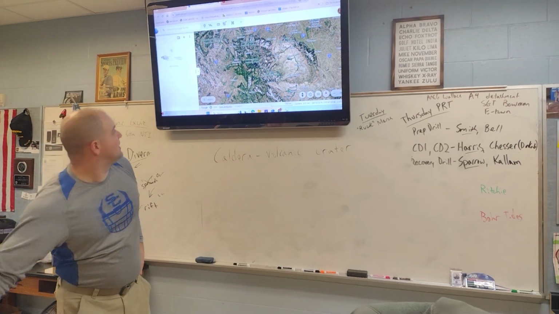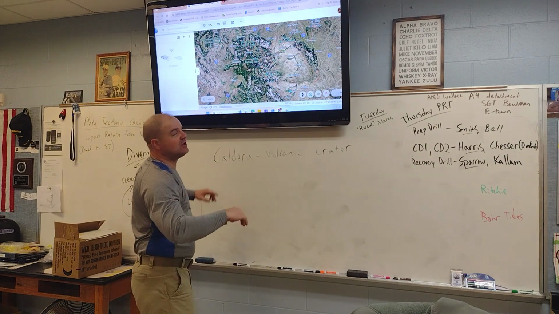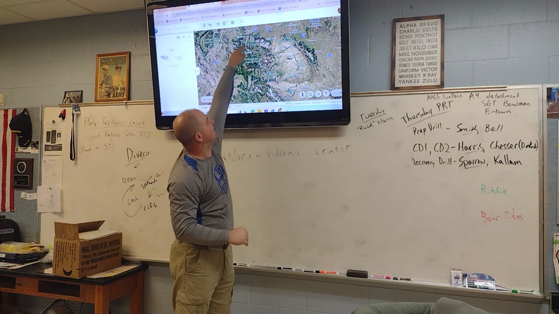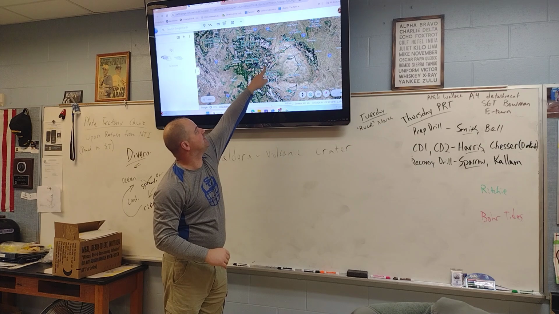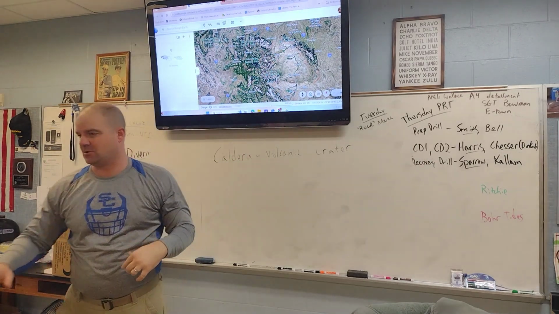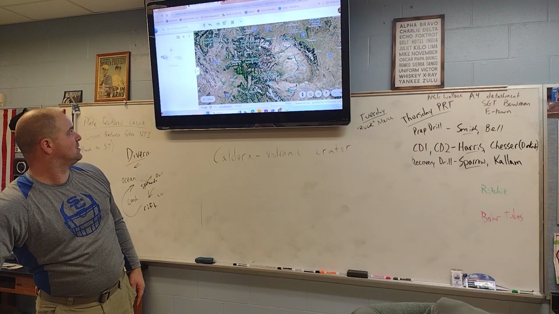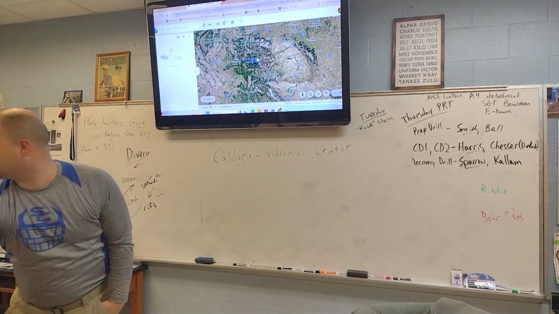That's the rim. This whole center portion blew out, throwing debris up on the rim. And then all these little ripples in here are where it's started to erode since that last eruption. Okay? This thing is monstrous. It is huge. That's why they call it a what?